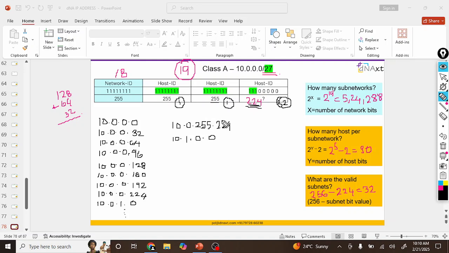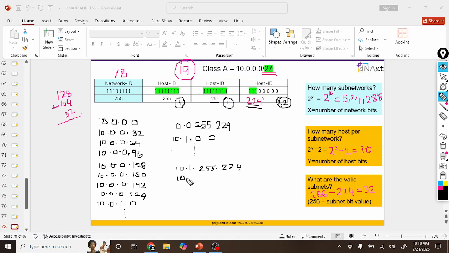So in these two octets, increment is not possible immediately. So you have to do increment in the second octet. Once you get 0.0, again you will start 0.0, 0.32, 0.64. So this process will repeat till you get 10.1.255.224.